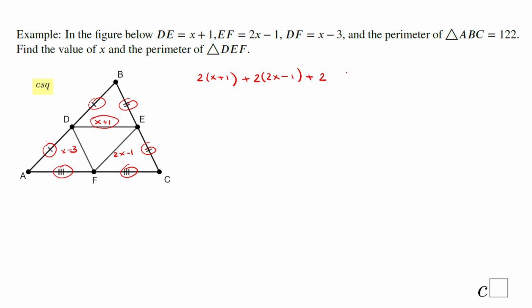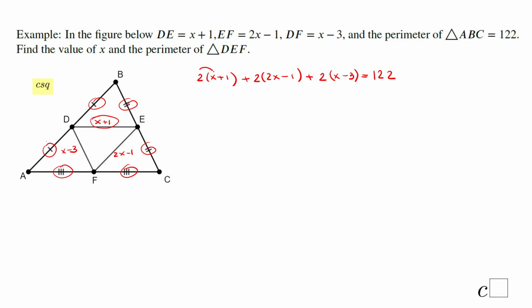And the last one, twice x minus 3, this is DF, twice DF will be BC. And if we add these three segments, we get the perimeter, which is 122. So this is the equation that allows you to find x just using the property of the mid-segment. The mid-segment is half of the opposite side, the third side, or in this case I said the opposite side, it's twice the mid-segment.